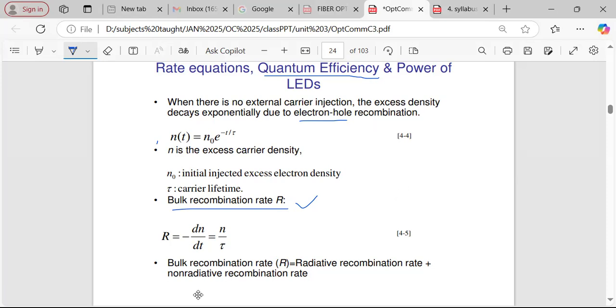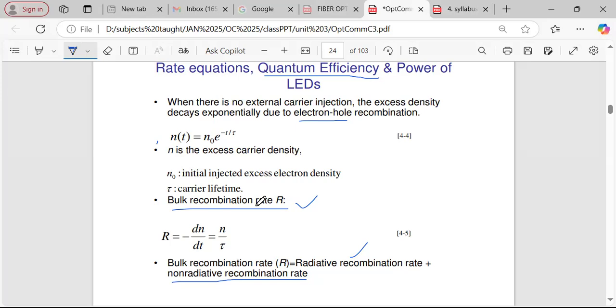So when the energy is in the form of emitted photons, that is termed as the radiative recombination rate. And when electron and hole recombine and the energy is emitted in the form of heat, that is the non-radiative recombination rate.